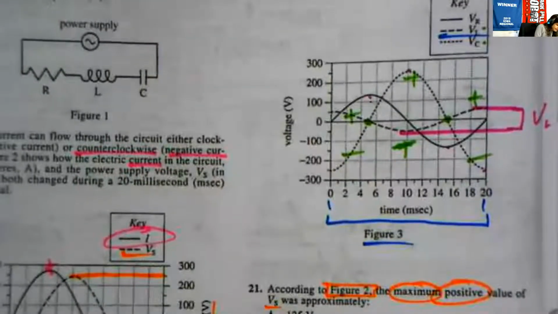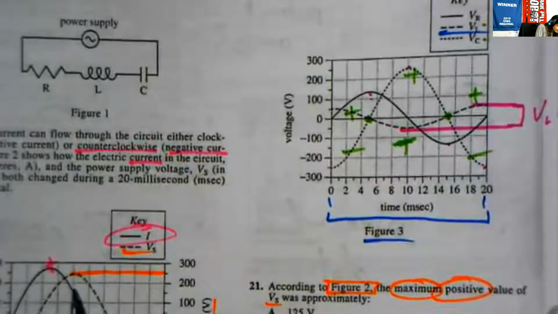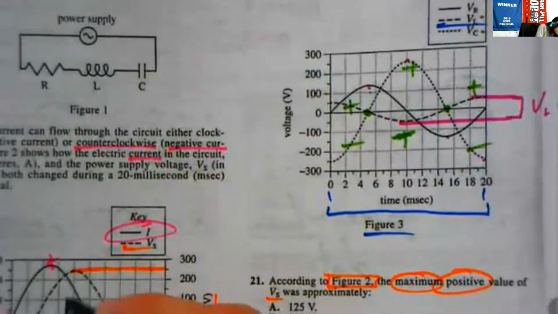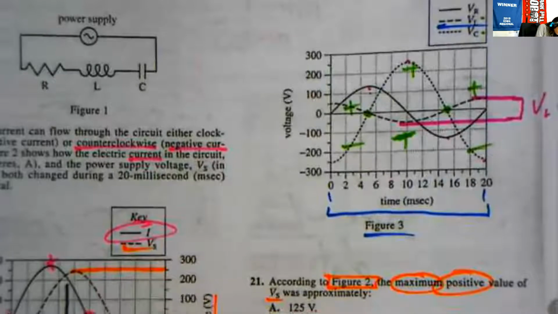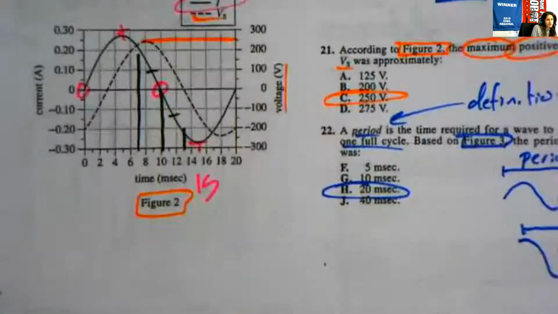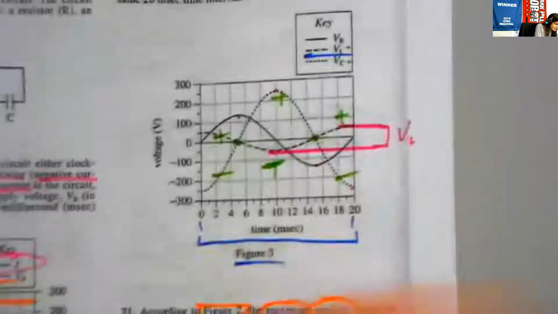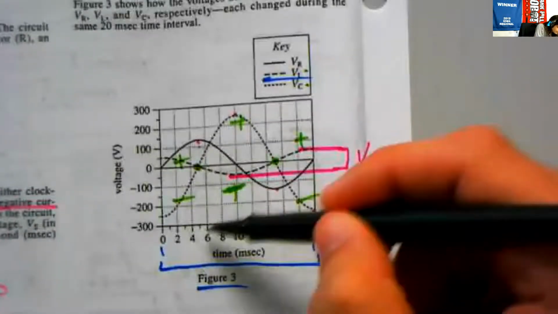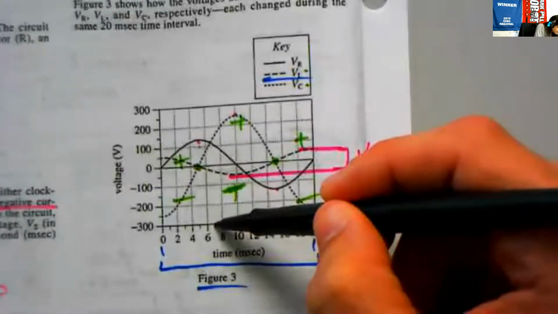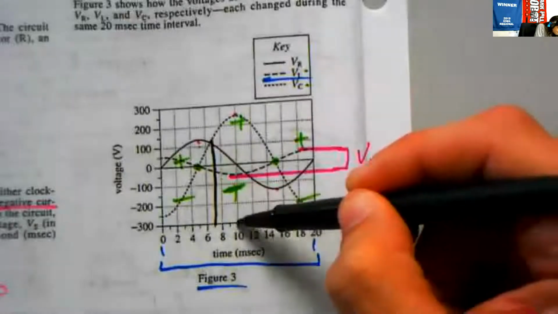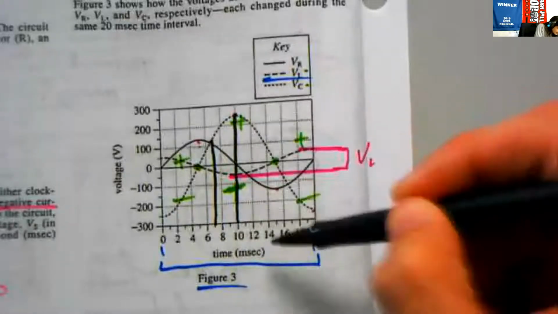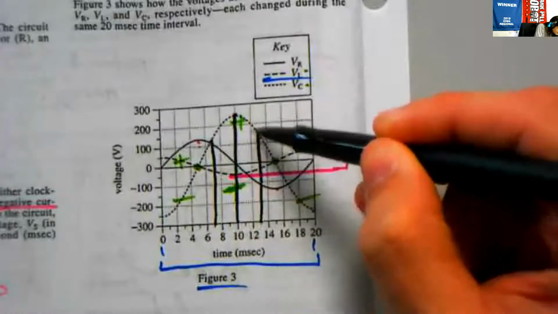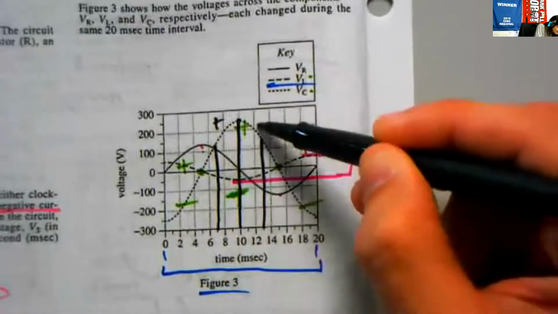I at 7 is here, 10 is here, 13 is here. It looks like it's going down and down in both of those places. I at 7, 10, and 13, it's going down there. But VC at 7, 10, and 13, it certainly does go up there and down there.